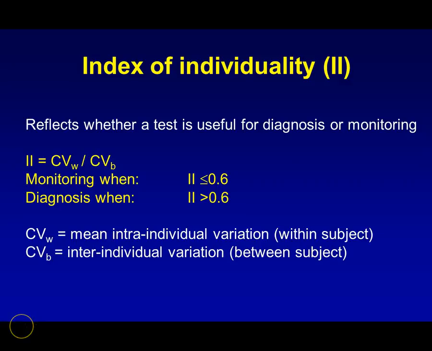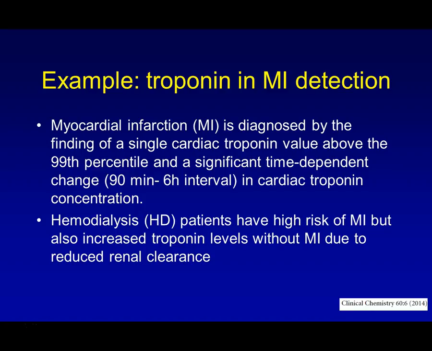When the within subject or intra-individual variation is relatively high as compared to the inter-individual variation, then the test is better for diagnosing subjects. So if the index of individuality is above 0.6, it's better for diagnosing. We showed two examples to show you this.